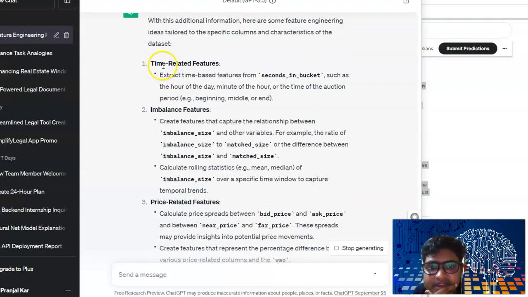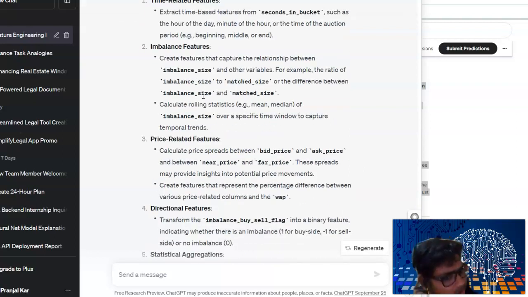So it is telling us about time related features. We have seconds in bucket. It is telling us to extract the hour of the day, minute of the hour. That maybe we can do, but I do not think that might be an important feature. Okay, we'll think about it.